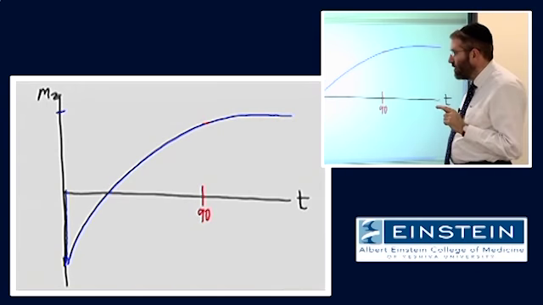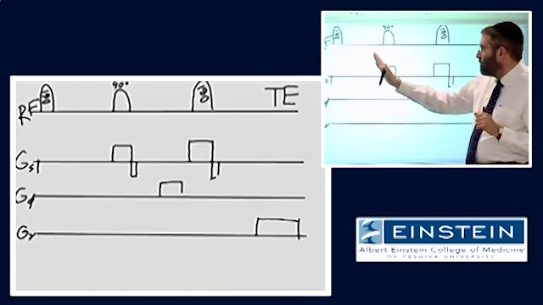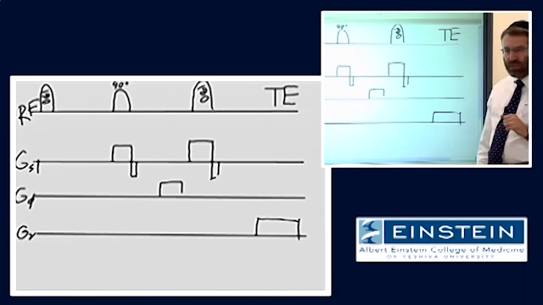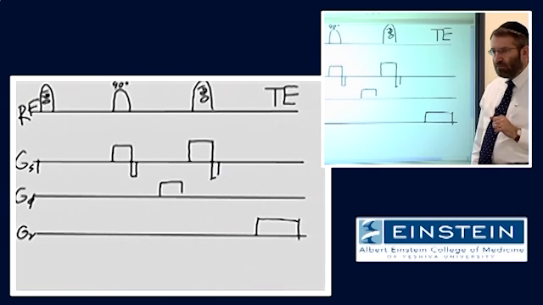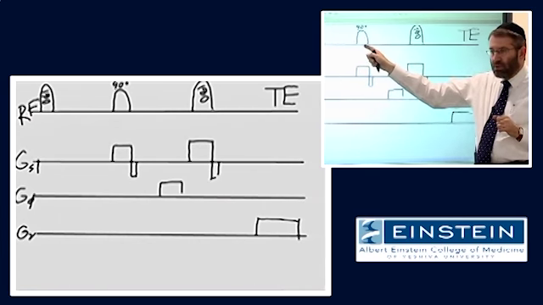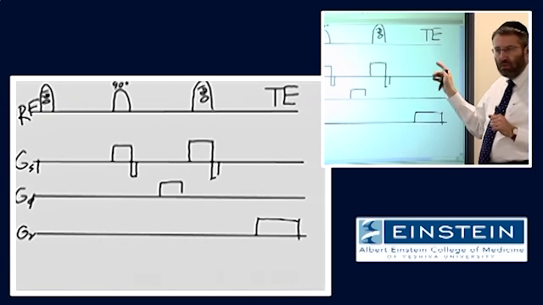So one thing that we can say in a general sense about this approach is that whenever we put a 180-degree RF pulse on the front end of our pulse sequence, we're going to have less longitudinal magnetization and ultimately less signal to sample at TE.